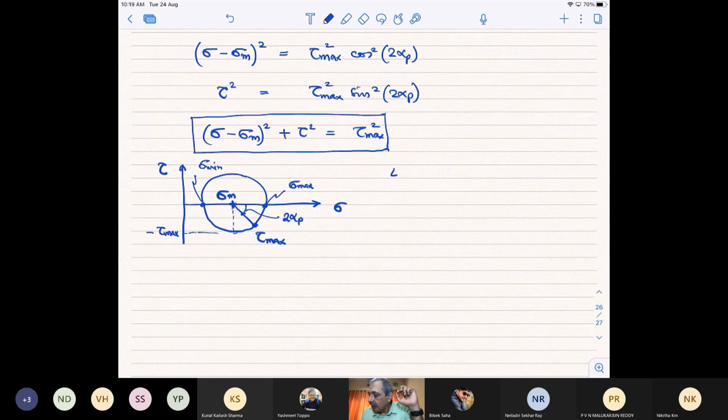So each point on the circle gives the normal stress, which is of course sigma x prime, and shear stress.